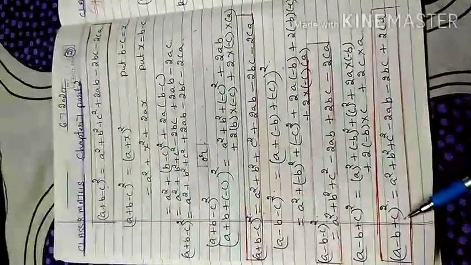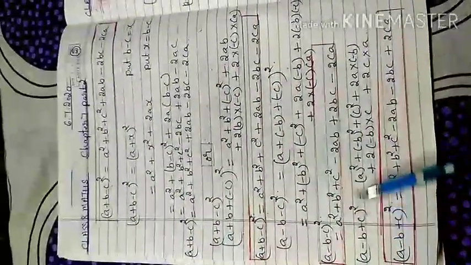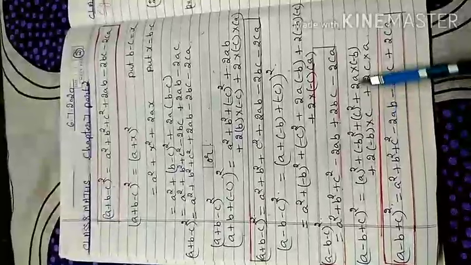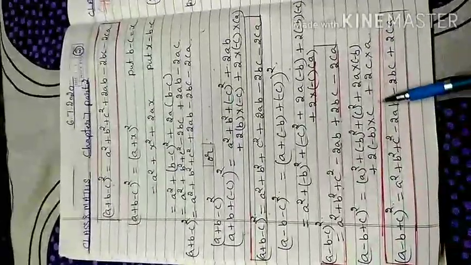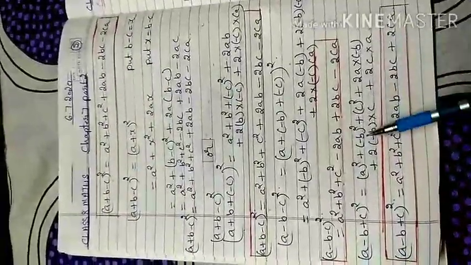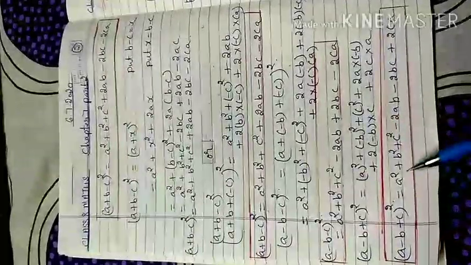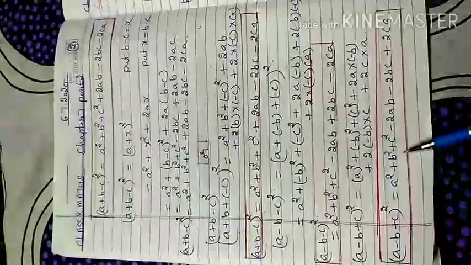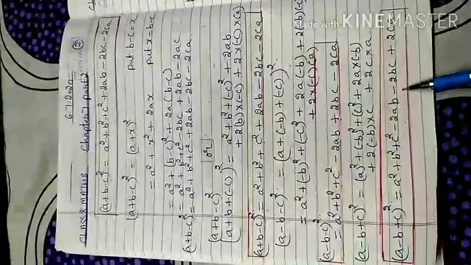Similarly, a minus b plus c, if you convert back into this one, a square plus b square plus c square plus 2ab plus 2bc plus 2ca, only in place of b you have to replace minus b. So your required formula is a square plus b square plus c square minus 2ab minus 2bc plus 2ca.